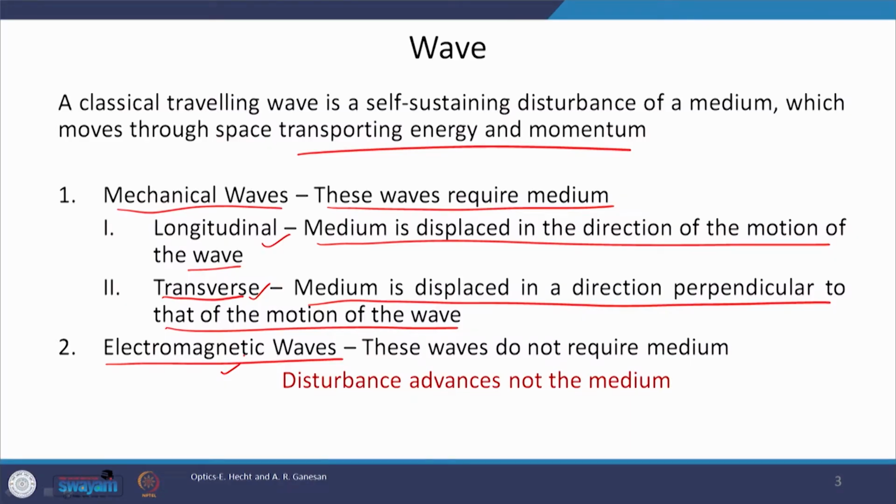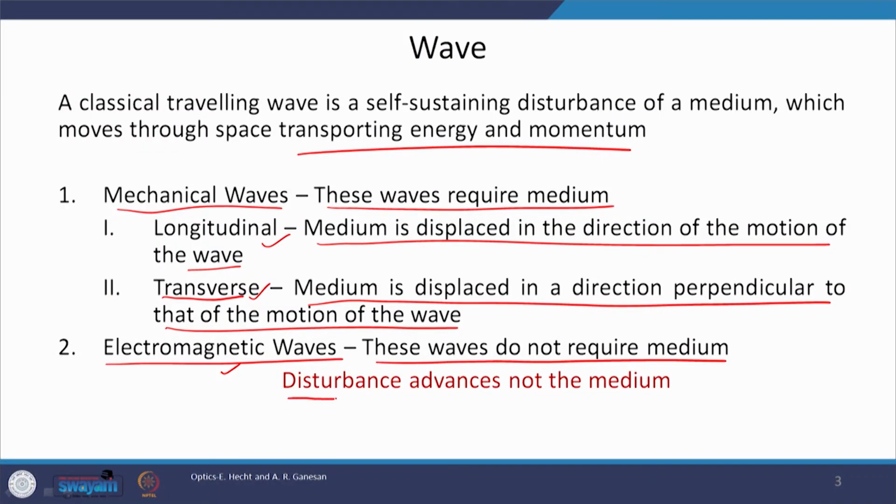Now, coming to the electromagnetic waves, which is what we will be studying in this course. These waves do not require any medium. Since there is no association of the medium, the wave propagates with a very high speed, and this is why the speed of electromagnetic wave is very huge.